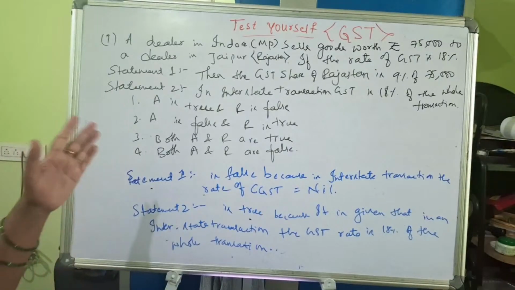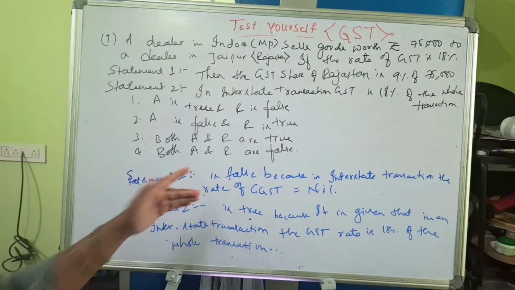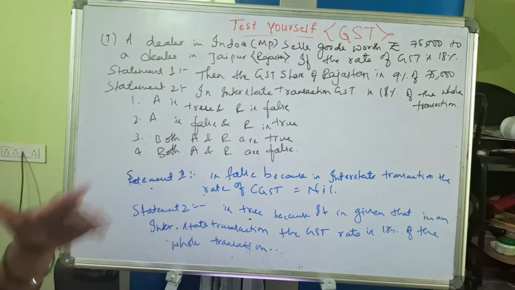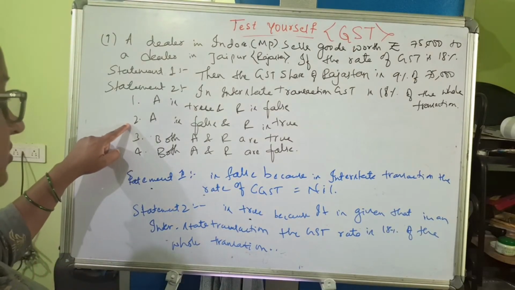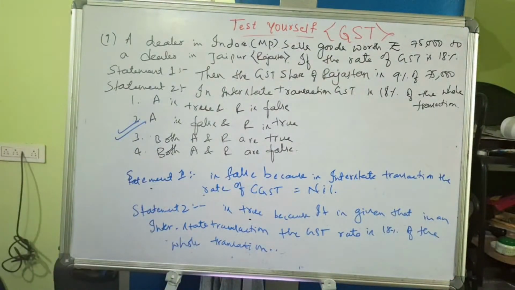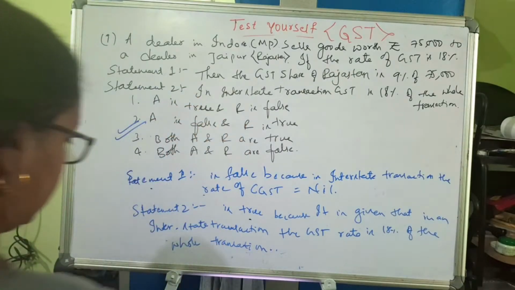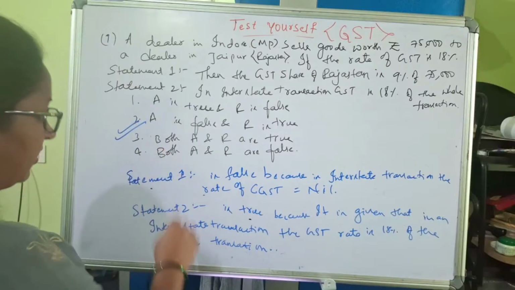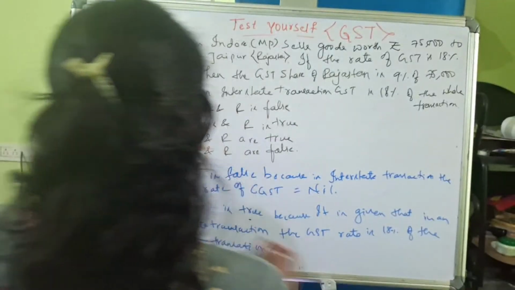So statement 1 is false and statement 2 is true. So the correct option is option 2: A is false and R is true, or statement 1 is false and statement 2 is true.